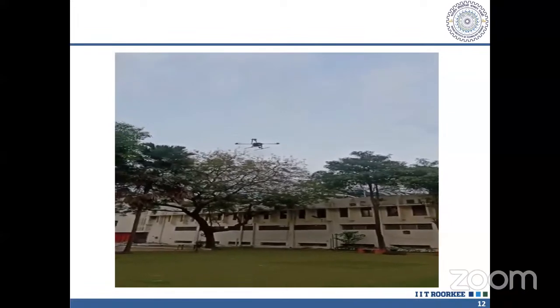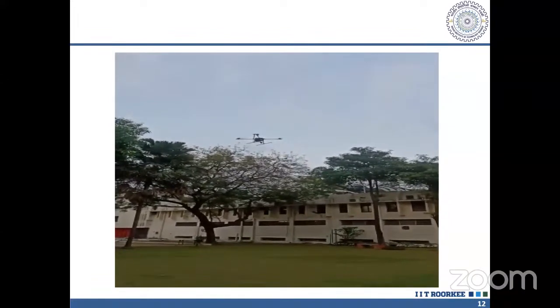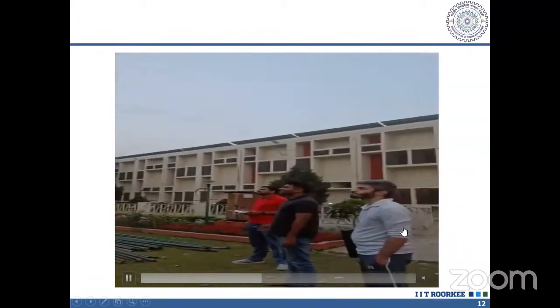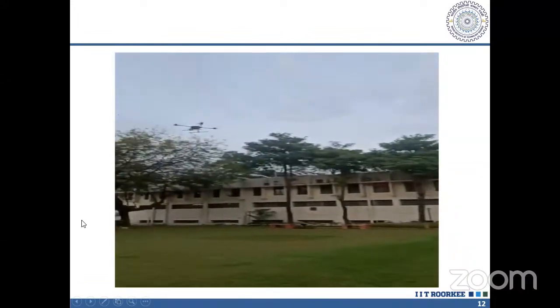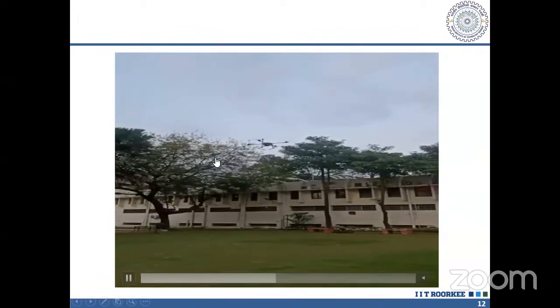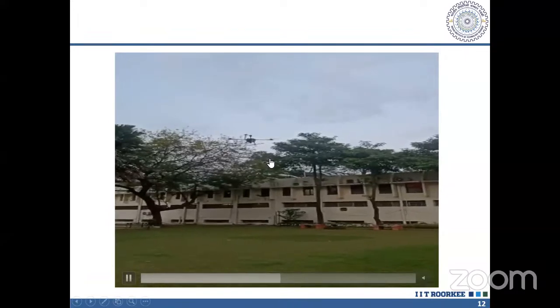So here you can see, this is the drone movement. This is our lab members. Here we are checking the stability of the drone system.